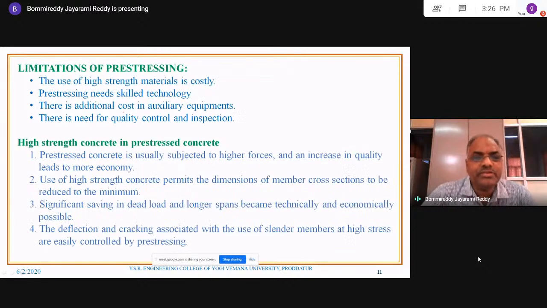And limitations. Normally, there are certain limitations because high tensile steel and high strength concrete are required. It is normally costly when compared to other materials.